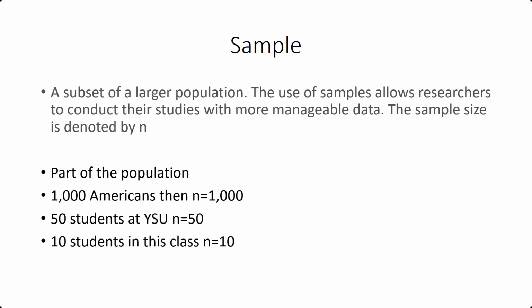For the project, you will gather 25 pieces of data, so your sample will be 25. And there'll be two different groups, 25 that is numerical and 25 that is non-numerical. Questions on sample?